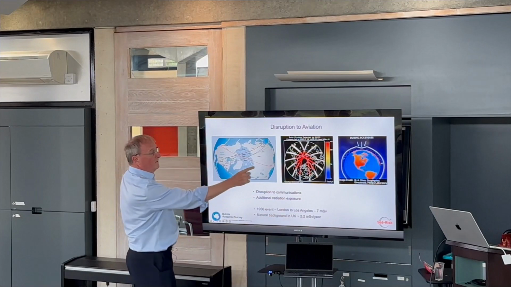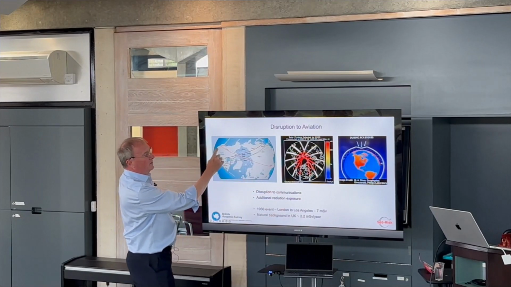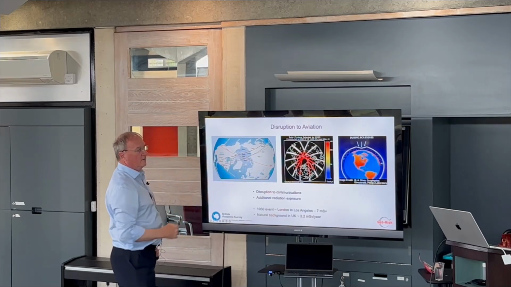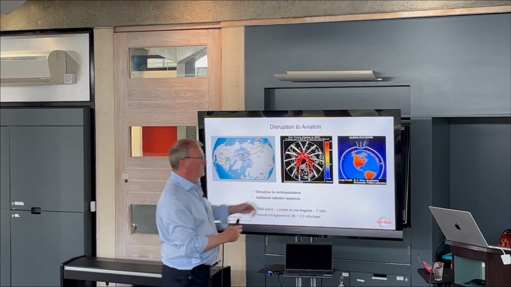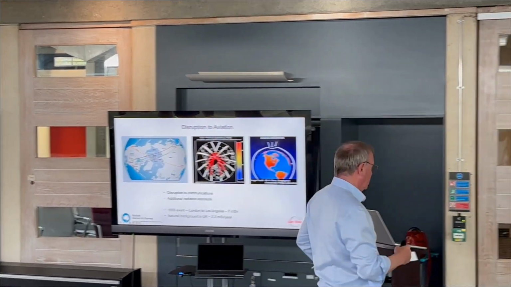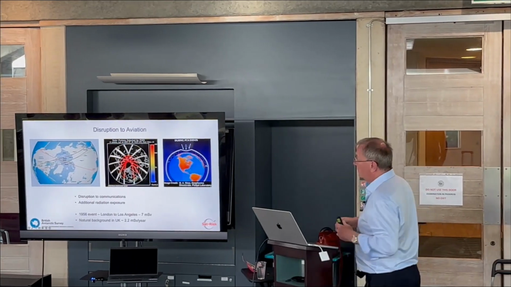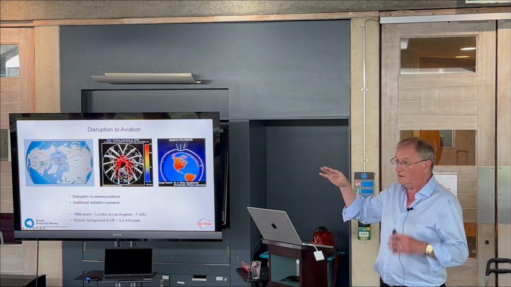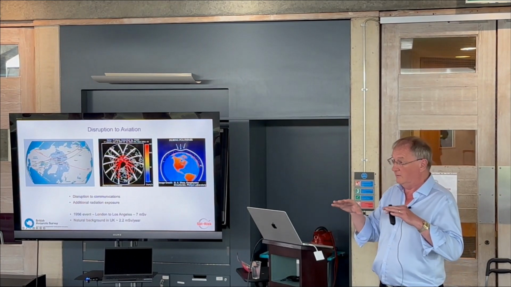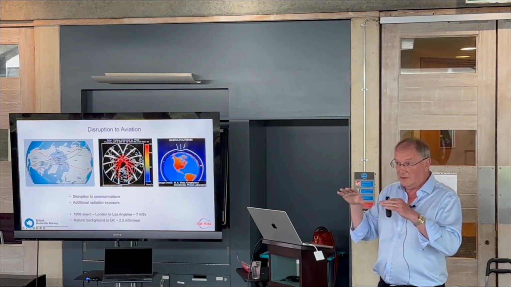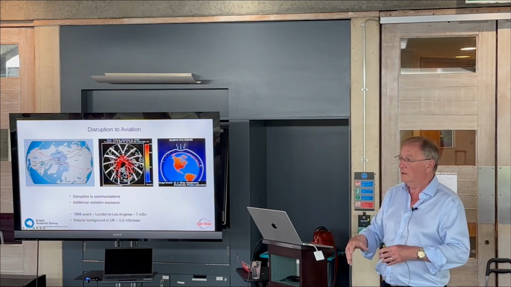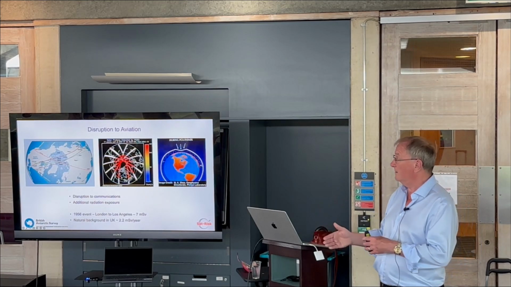And aircraft, so here's a few examples of aircraft on high latitude routes, crossing that kind of region, will be exposed to more particle radiation. And that has to be measured, because if you get anywhere close to a legal limit, what the airlines will do will be actually to re-roster aircrew onto lower latitude flights to help protect them.